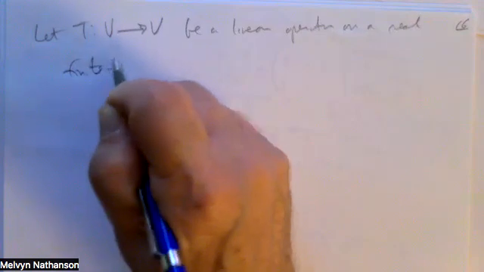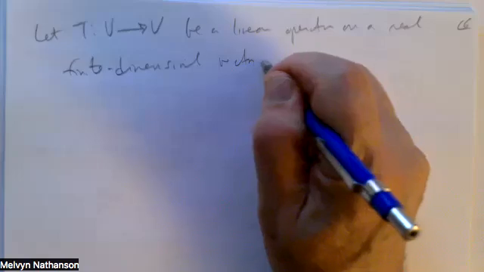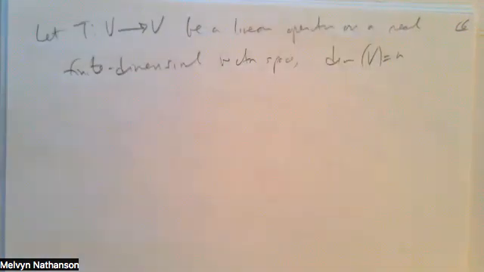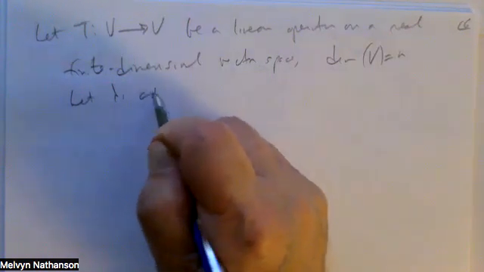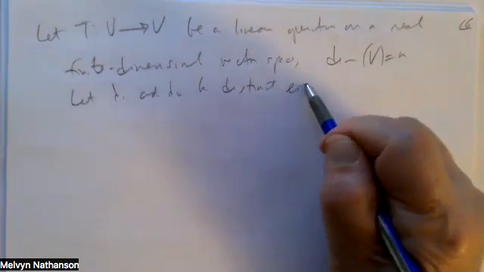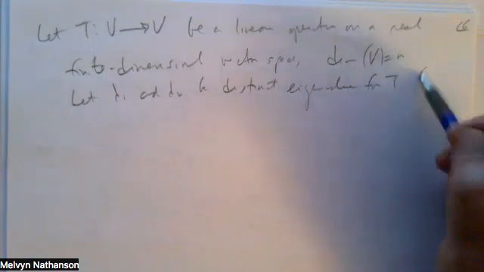Now, some linear operators have no eigenvectors or eigenvalues. Let T be a linear operator on a real finite dimensional vector space. Say the dimension of V is equal to n. Let lambda 1 and lambda 2 be distinct eigenvalues for T. Distinct means they're different.